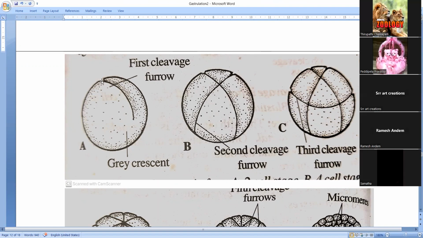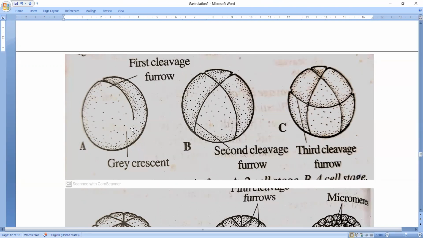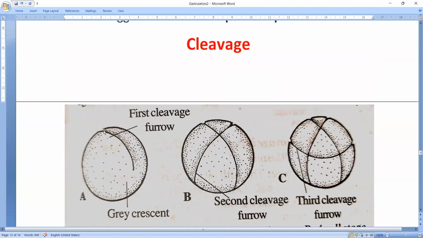The first division in frog's cleavage is called meridional, and the cleavage in frog is called holoblastic kind of cleavage. Okay, so here it is an unequal cleavage, holoblastic unequal cleavage.